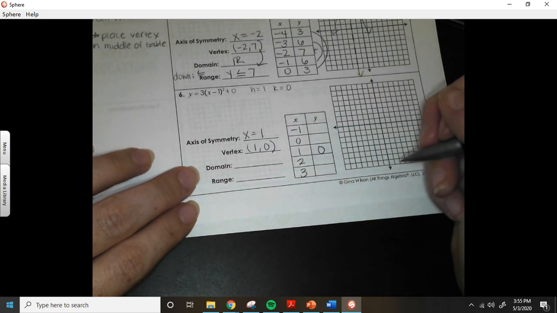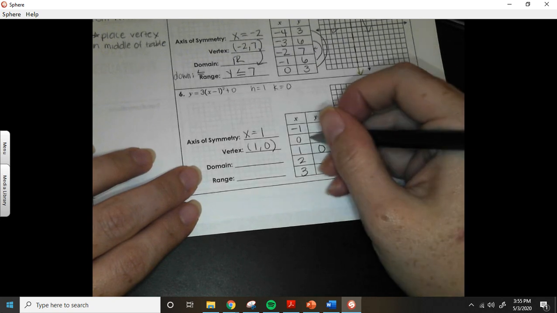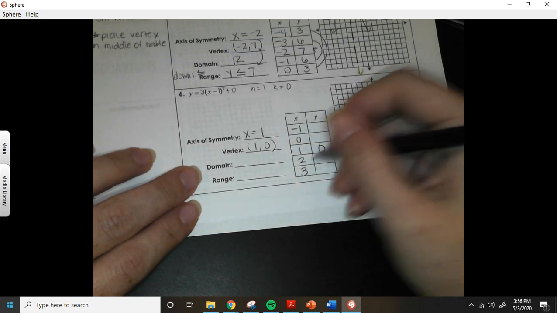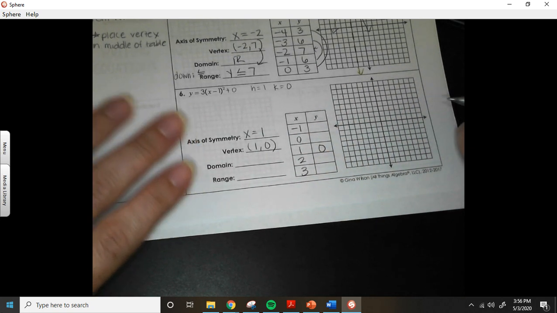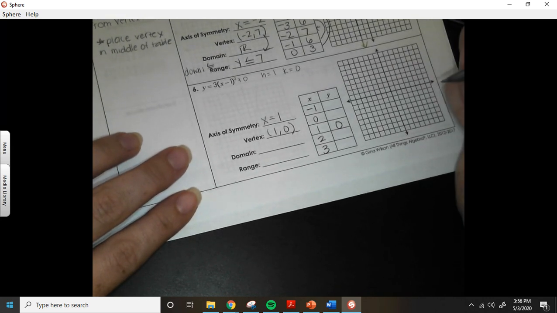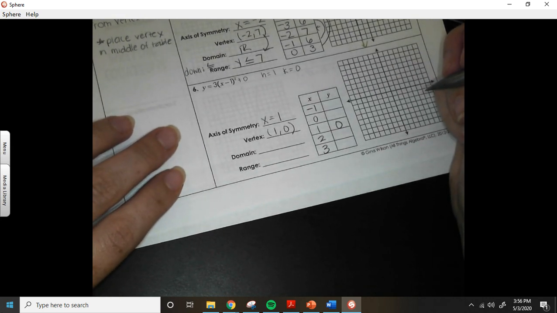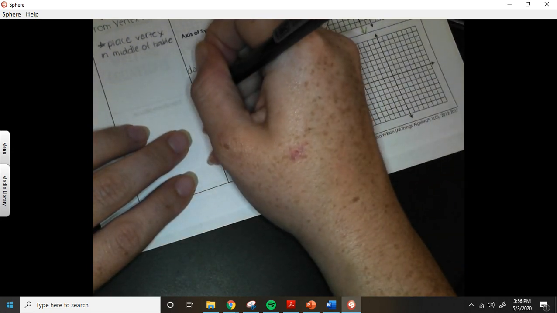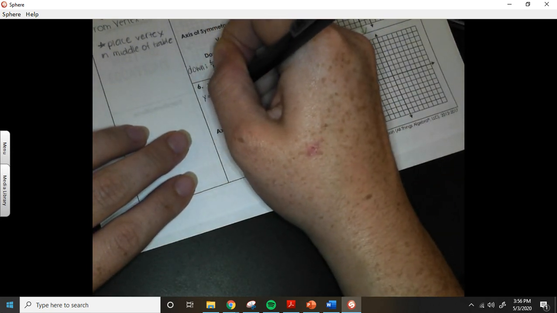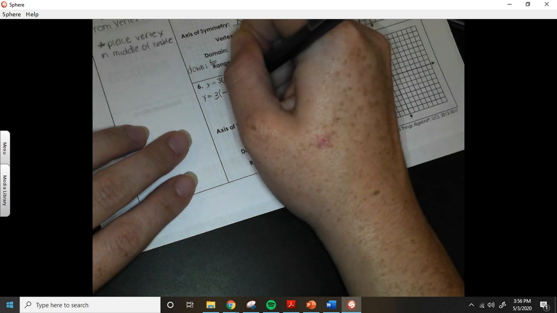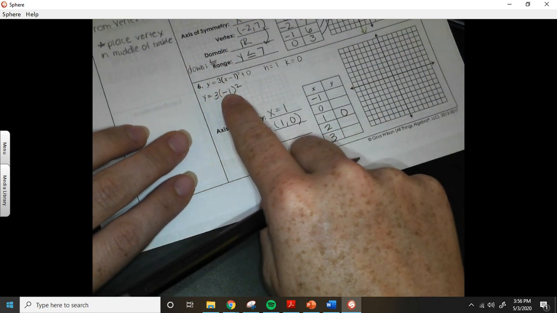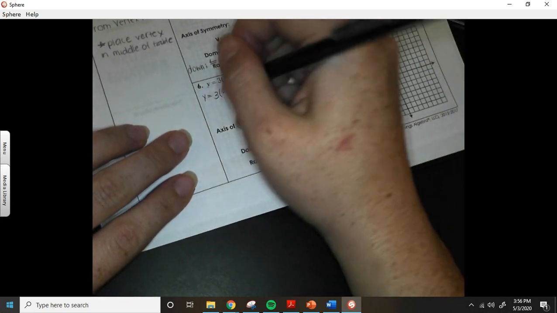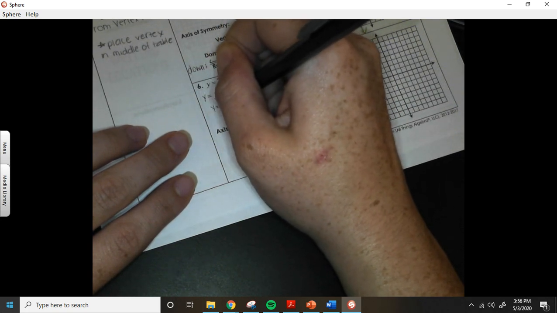So let's plug in some stuff. We can plug in 0, we can plug in 2, 3, whatever you want. So let's do 0 just because that's the best one to me. So y is equal to 3 times, I plugged in 0 mentally, and 0 minus 1 is -1. So -1 squared is 1, and y equals 3 times 1, which is 3.